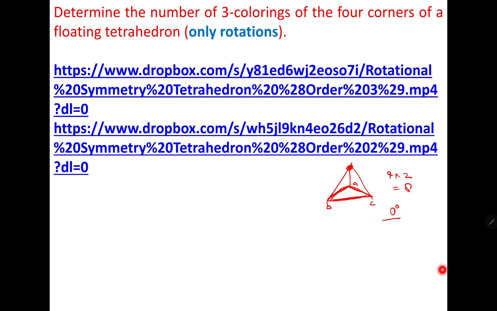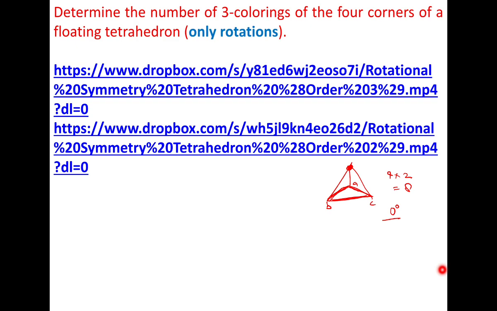And the other one, which is visible from the video, is that you consider 2 opposite edges and rotate by 180 degrees. If you do that, you will again get the same tetrahedron. Please do observe in the video.